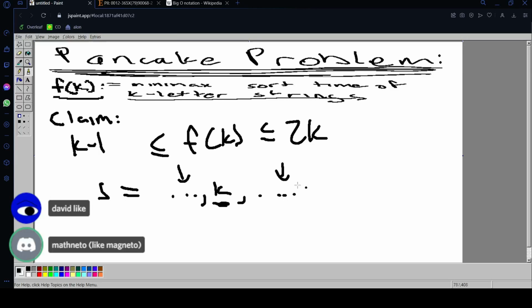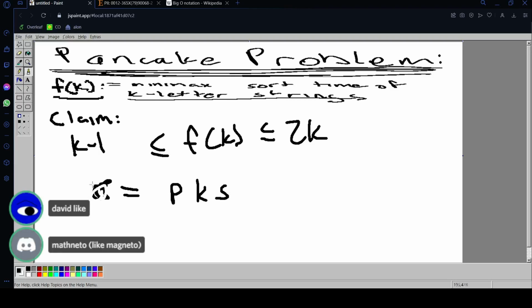Yeah. And so first what we do is we'll use a prefix flip. So sigma is equal to some prefix string, which is just some numbers, and then we're going to have the letter k and then some suffix string.